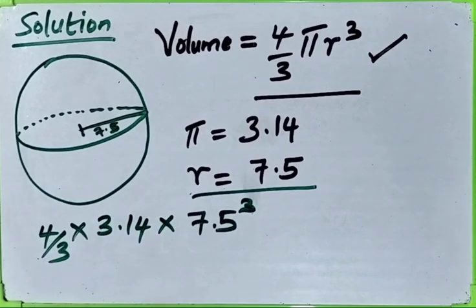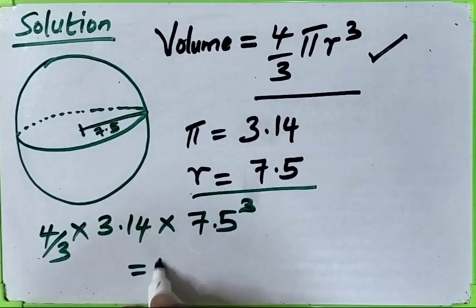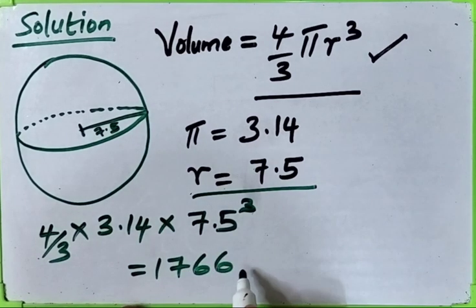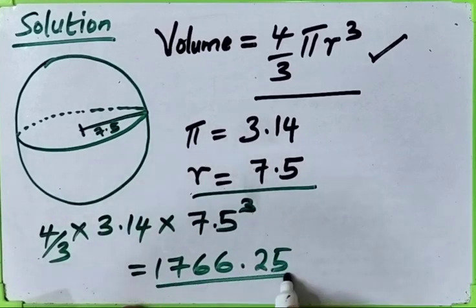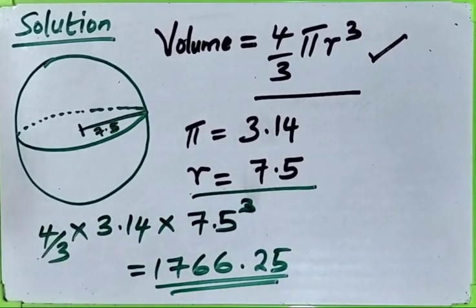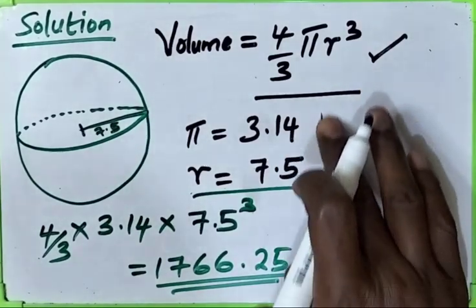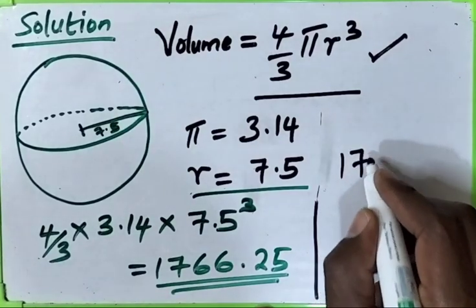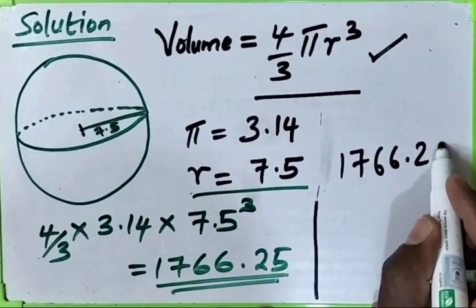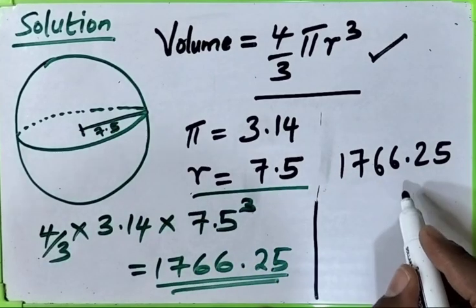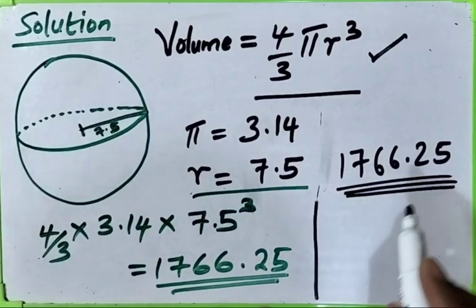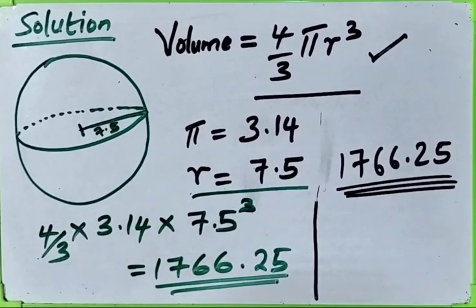Again, use your calculator properly and you will get 1766.25 centimeters cubed. But there is a condition of rounding off to the nearest cubic centimeter.